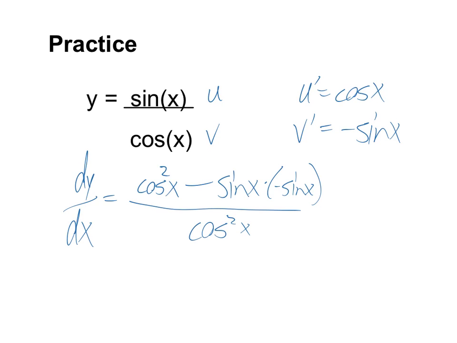So what does our numerator come out to? It actually comes out to 1, because minus sine times negative sine is plus sine. So we have cosine squared x plus sine squared x all over cosine squared x. So it's 1 over cosine squared x.